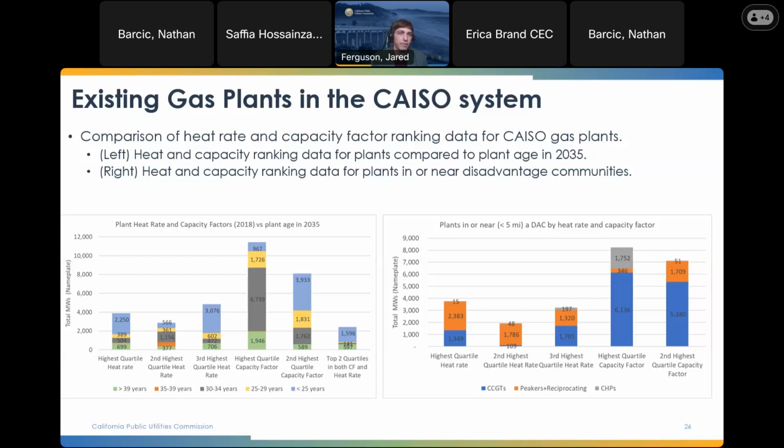So it's just showing how much of an overlap there is between those 2 categories. And then on the right side, you can see the same analysis of heat rate and capacity factor, but by plant type. Next slide.